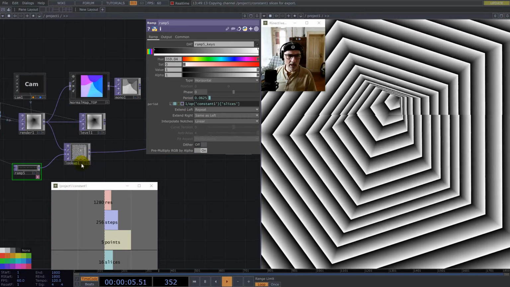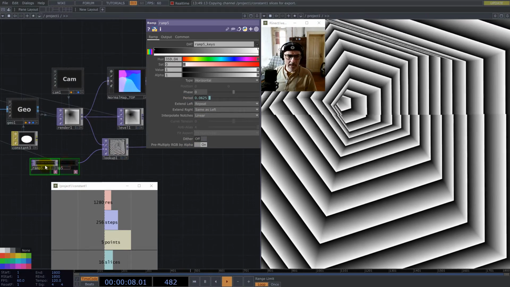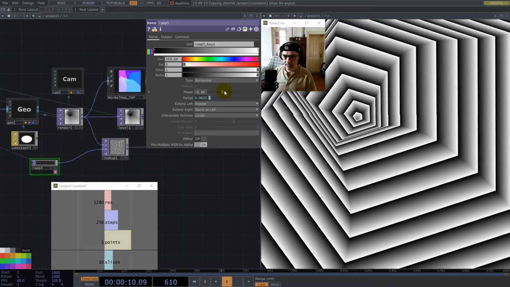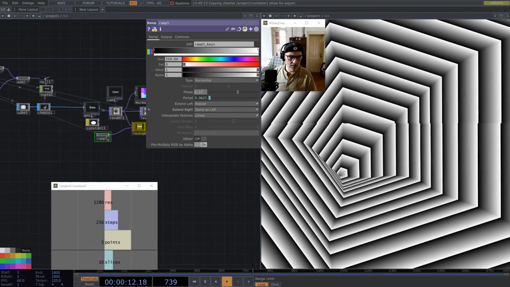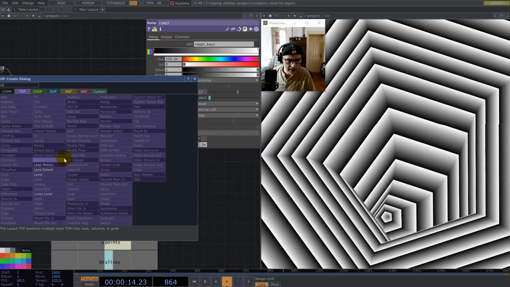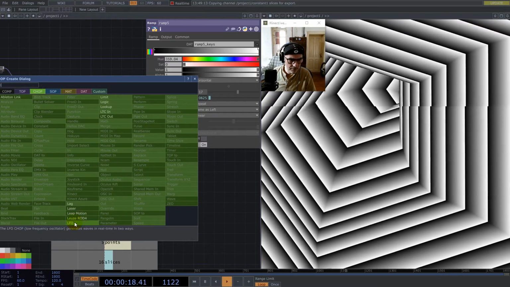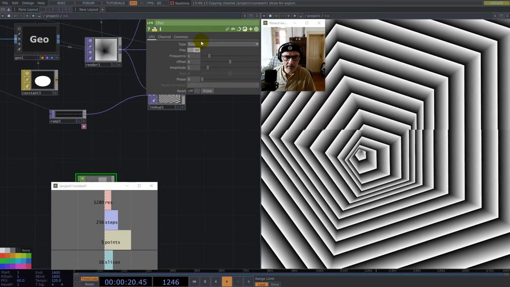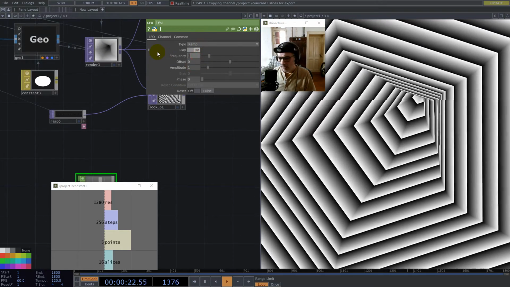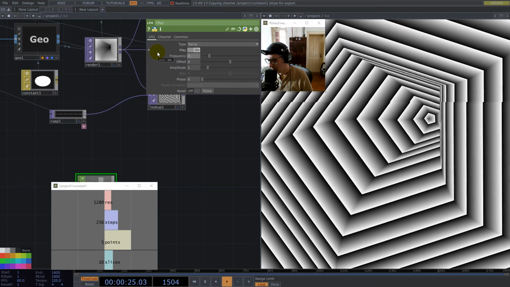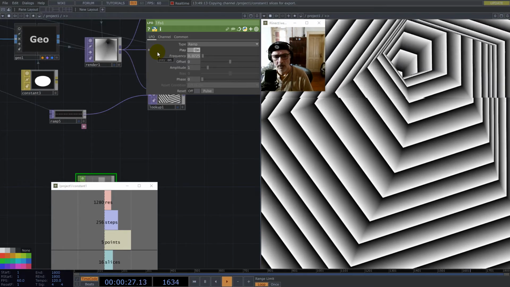And how about having those move? Okay, like this. So let's have an LFO chop. Okay, and we take the ramp. The frequency, we go 0.0725.